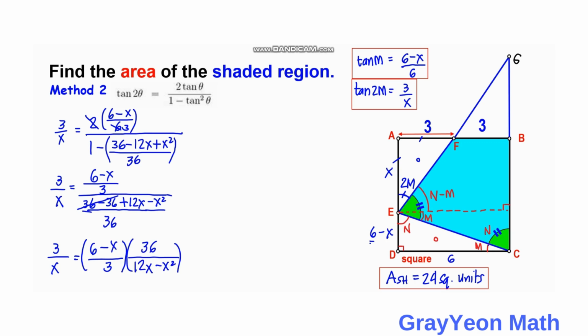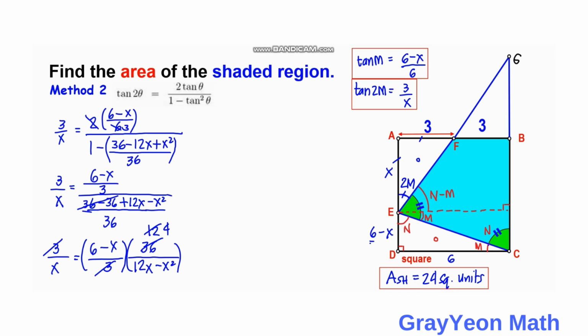So from that, we continue. 36 divided by 3 is 12, and 12 divided by 3 is 4. So we are left with this to cross multiply.